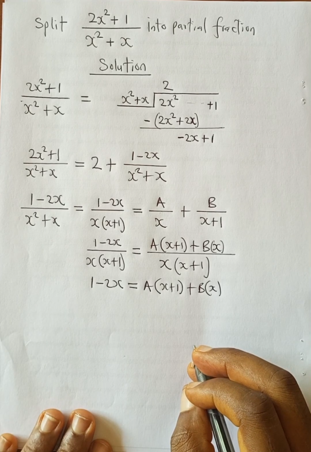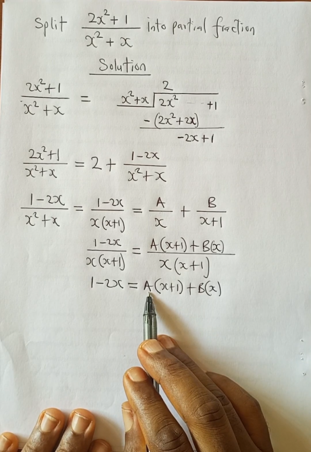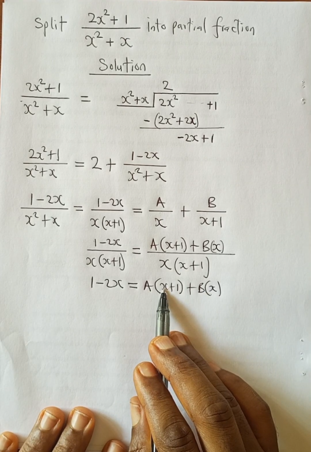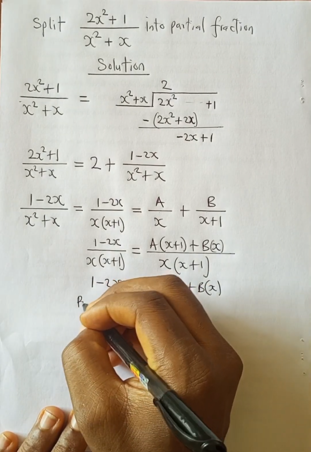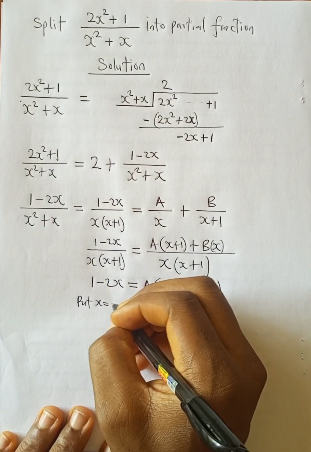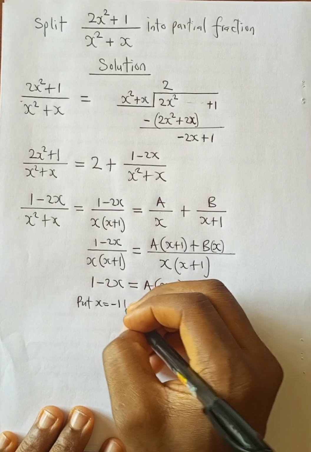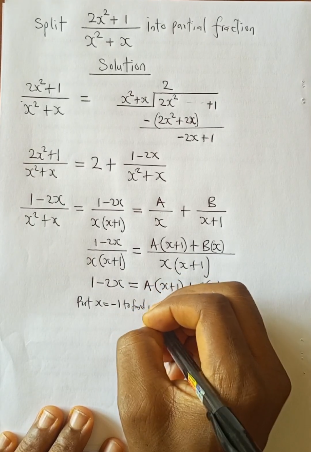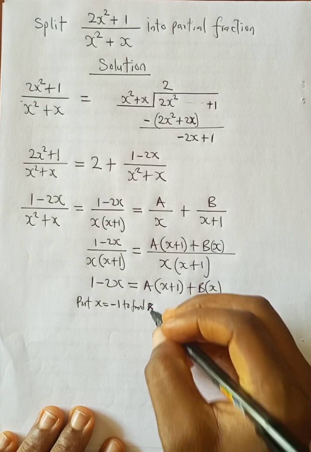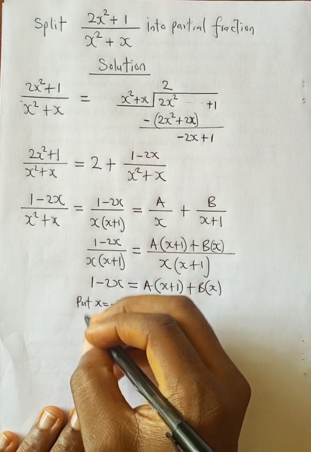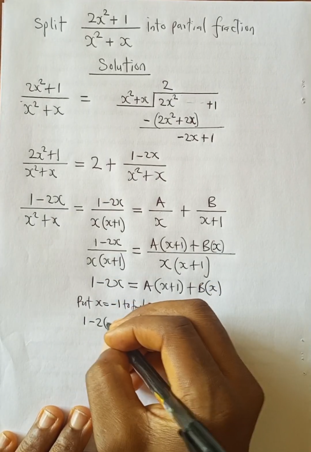So you know what we have to do now. We'll cover up a to find b, put s equals to minus 1. Let's do that to find b. So we have 1 minus 2 times minus 1.